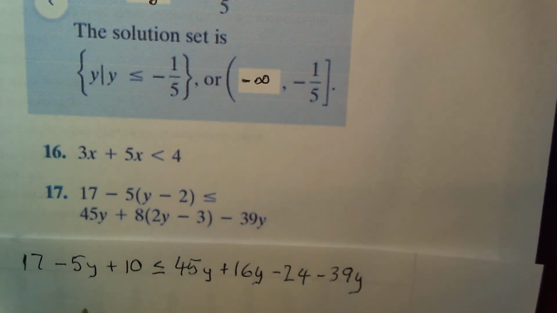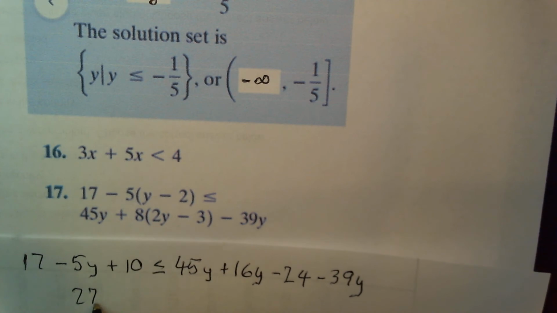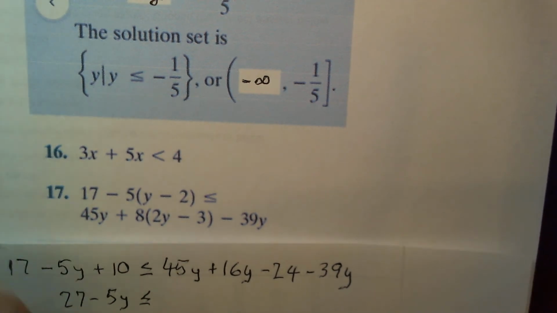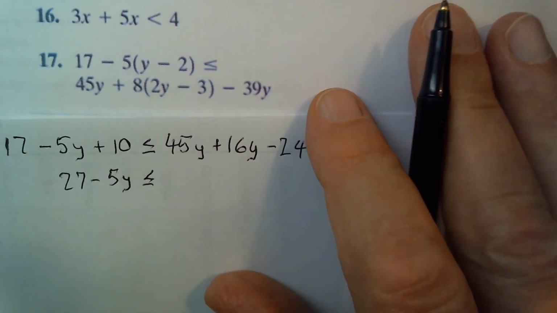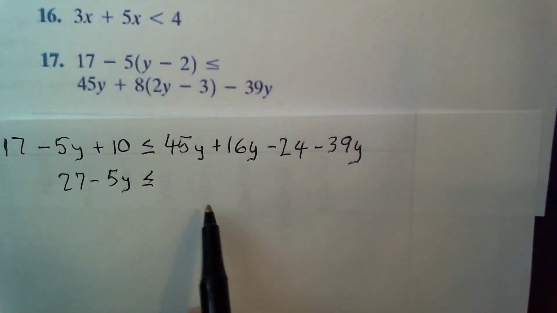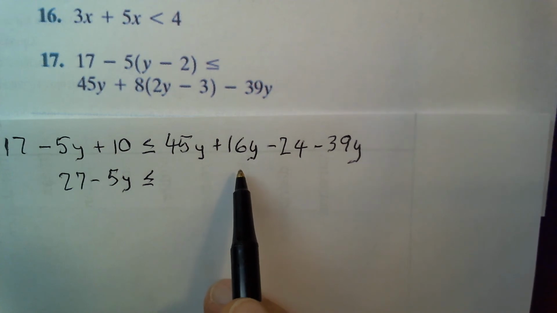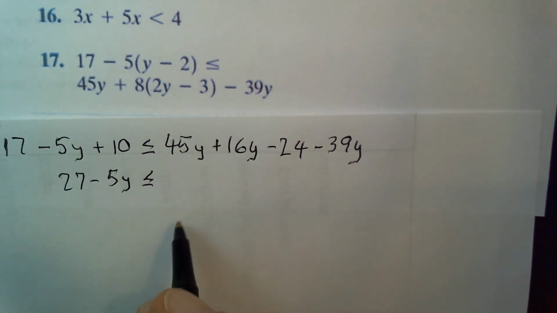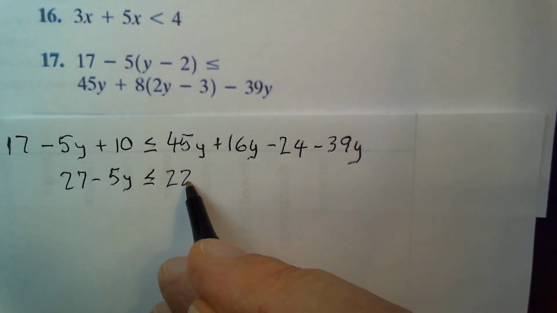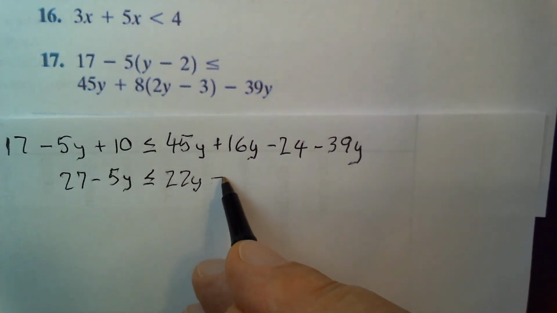And as we collect like terms, 17 plus 10 is 27, minus 5y, less than or equal to, so on the right side, 45y plus 16y minus 39y would be 6 and 16 would be 22y minus 24.